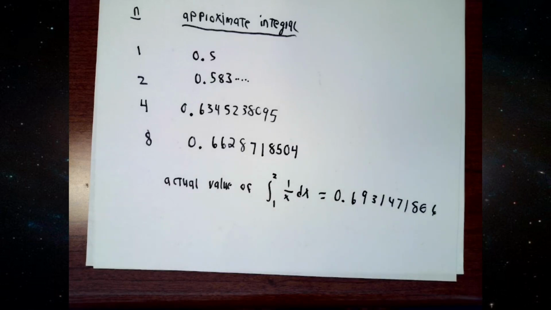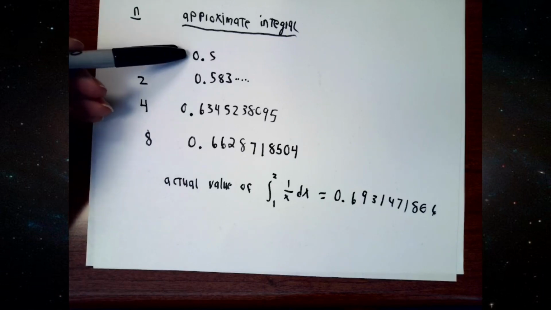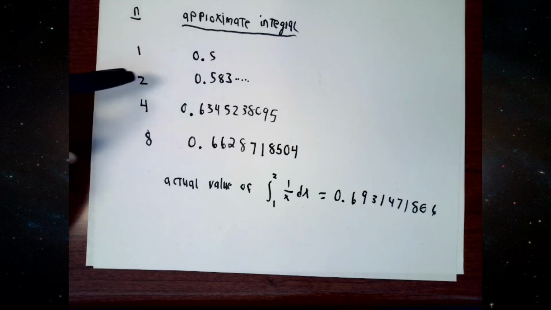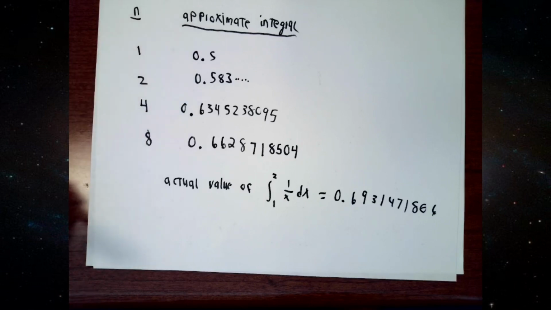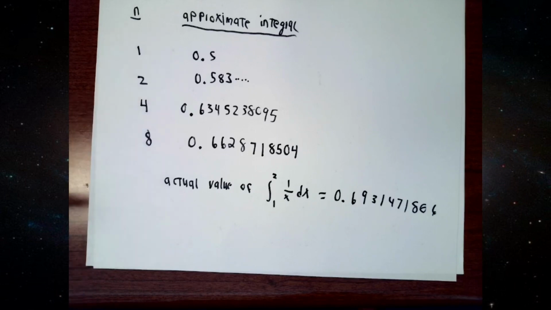And to summarize, when n is 1, our approximation is 1/2. When n is 2, the approximation is 0.58 and then a string of 3s. When n is 4, the approximation is 0.6345238095.